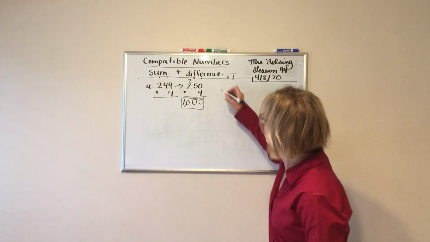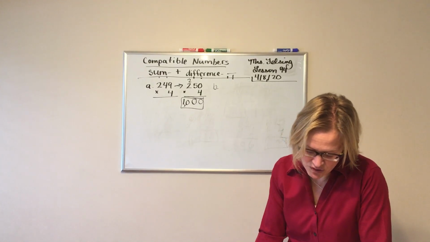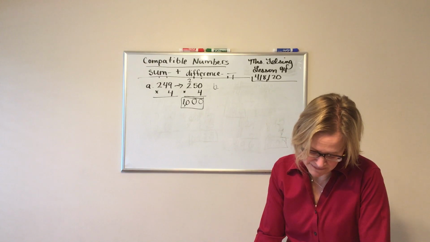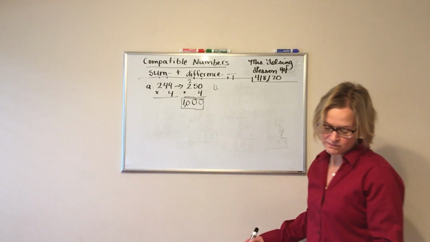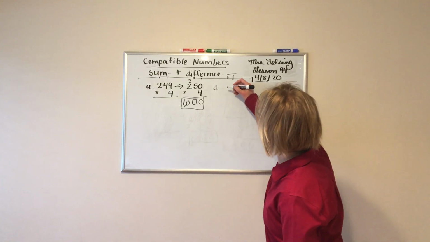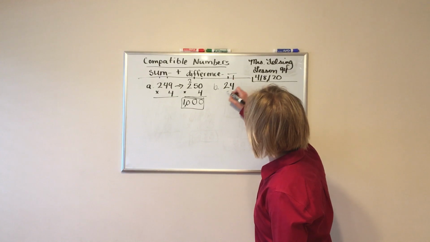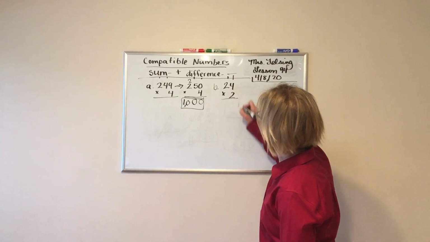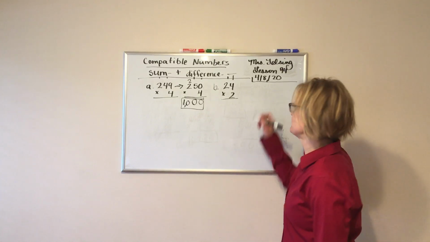Letter B. When Alita walks her dog, she travels 1 mile in 24 minutes. About how long would it take Alita to walk 2 miles? So 1 mile is 24. We want to know how long it takes her to do 2. So we'd multiply 24 times 2. But we want to use those compatible numbers.